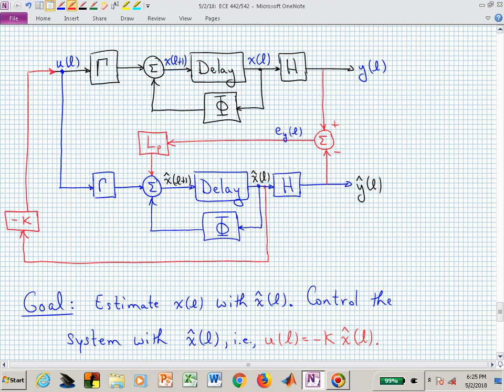If I have 4 state variables, that means X of L is a position, a velocity, a voltage, and a current. How big is this system's overall dynamics as designed? This full estimator with full state feedback, with estimator feedback.